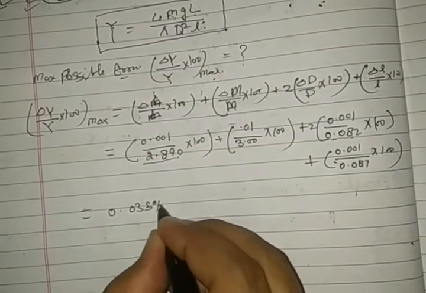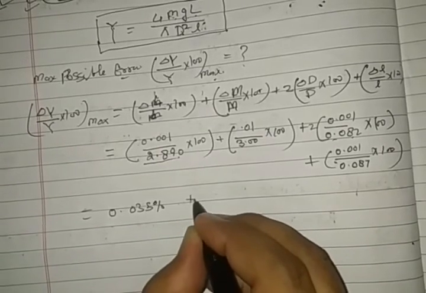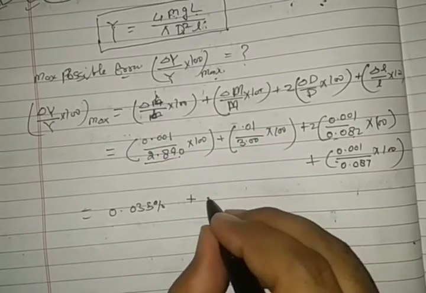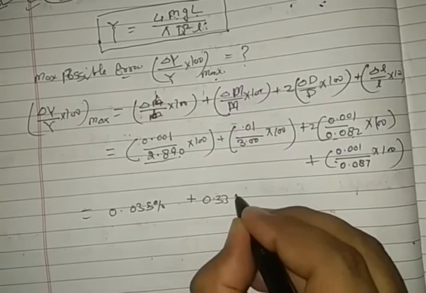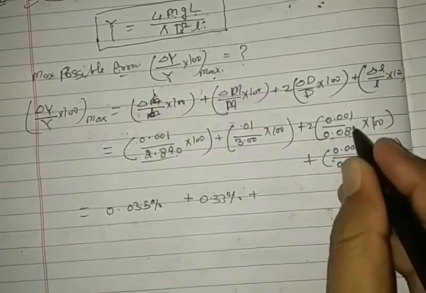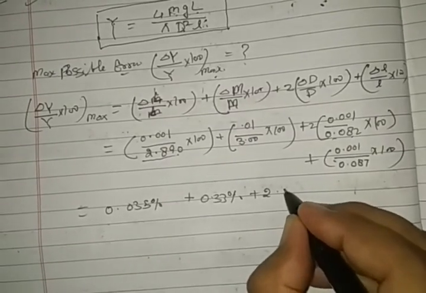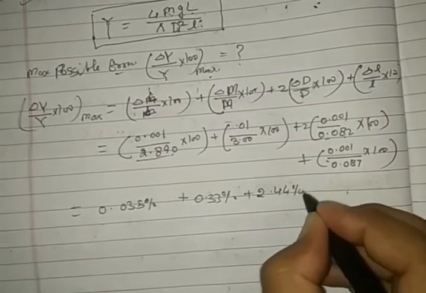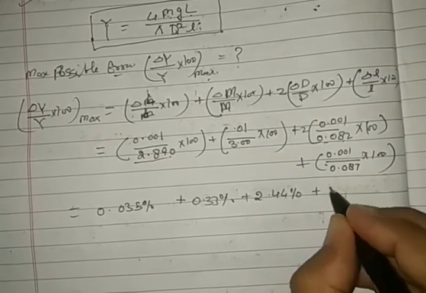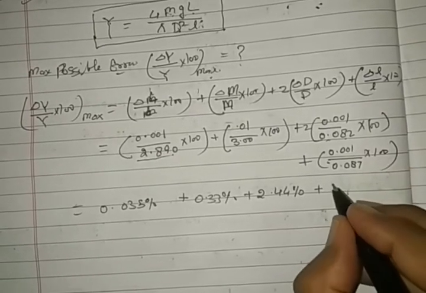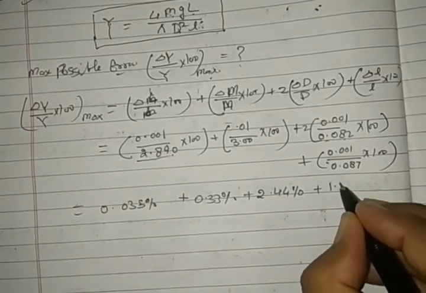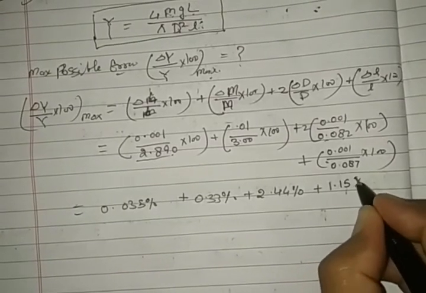After calculating these values, here one can be obtained as 0.035 percentage, plus 0.33 percentage, plus the third one is 2.44 percentage, and the last one, after calculating, is 1.15 percentage.